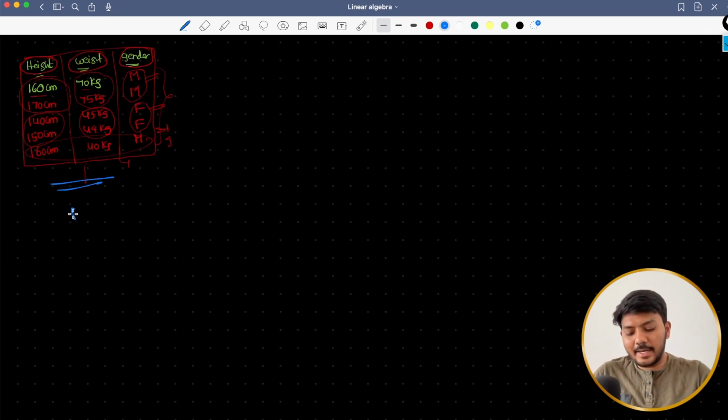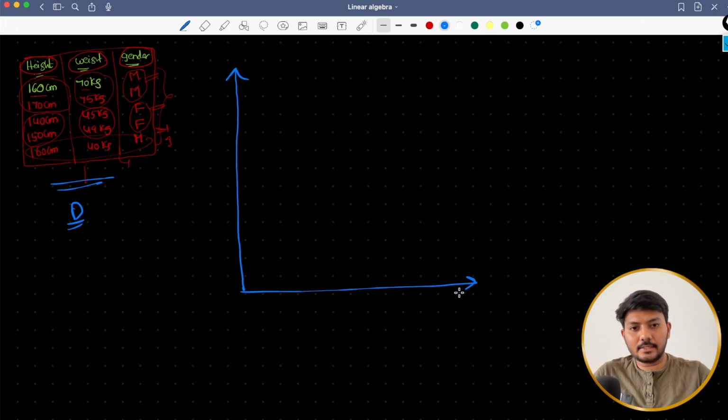So this is my data, and what I would do is draw a 2D axis, in which I have height here and weight here.